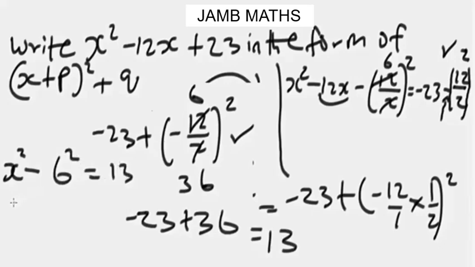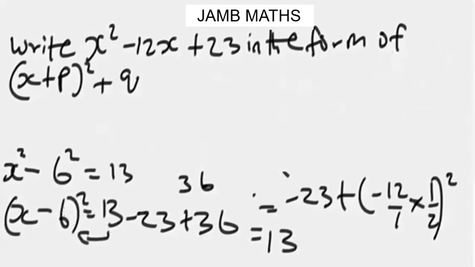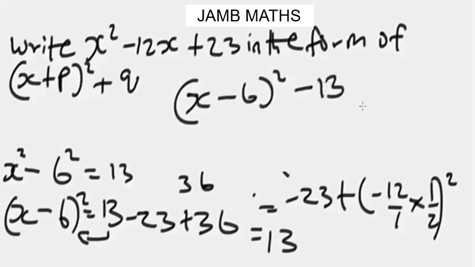Alright, so when this 13 crosses over the equality sign, we're going to have (x minus 6) squared minus 13. Alright, so this is how you can represent this quadratic expression in this form. So this will be the answer to this question.